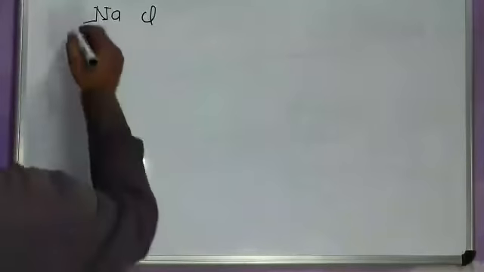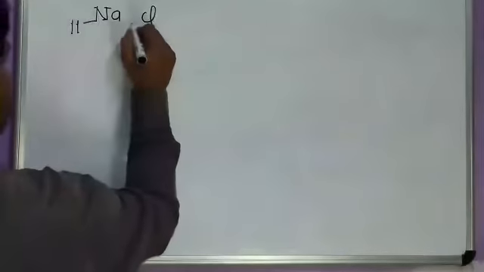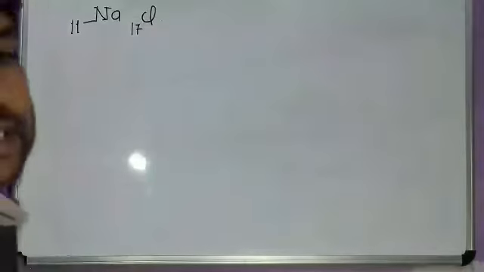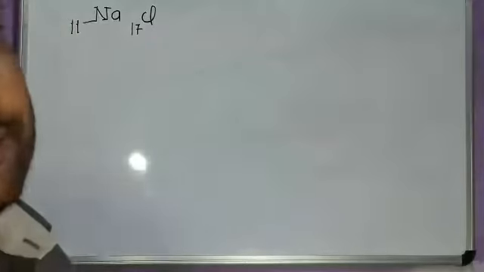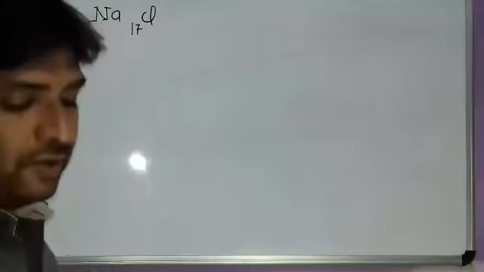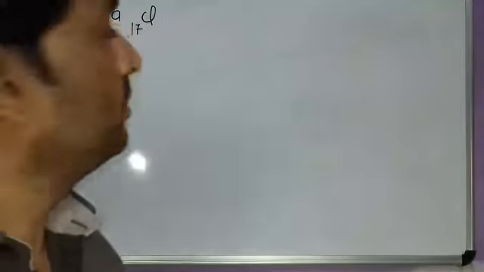Na has atomic number 11 and Cl has atomic number 17. The normal electronic configuration of Na, with atomic number 11, is 2 8 1.